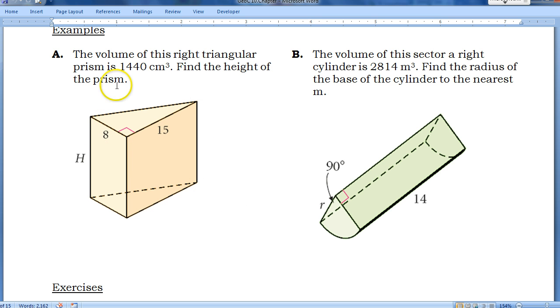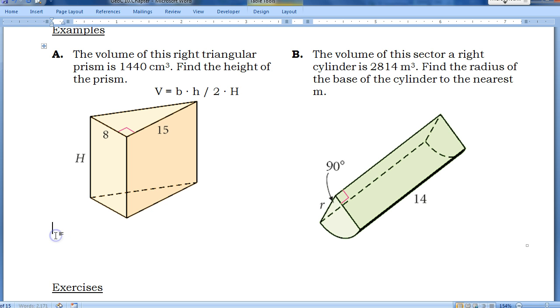So I need to say what shape this is. This is a triangular prism, and I need the volume formula for a triangular prism. The volume formula for a triangular prism is base times height divided by 2 times height.